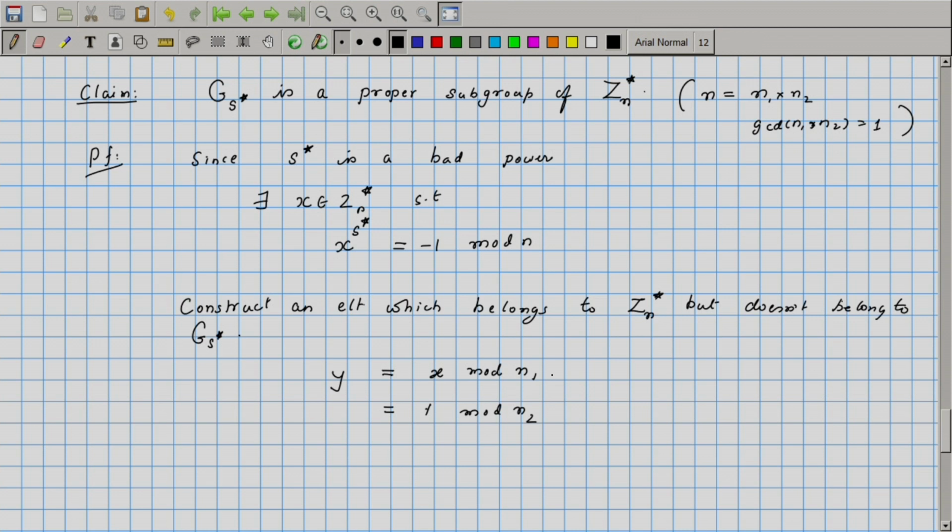Here x is the element which shows that S star is a bad power, that means x raised to S star is minus 1 modulo n. So, our y is going to satisfy two equations: y should be x mod n1 and it should be 1 mod n2.